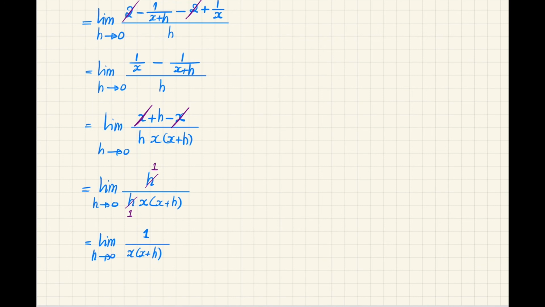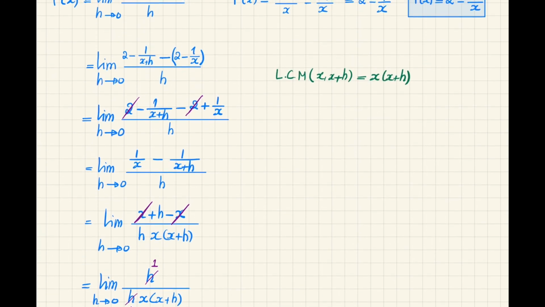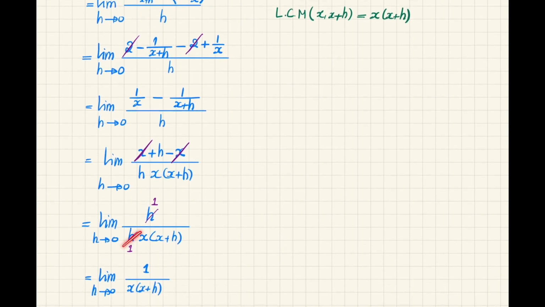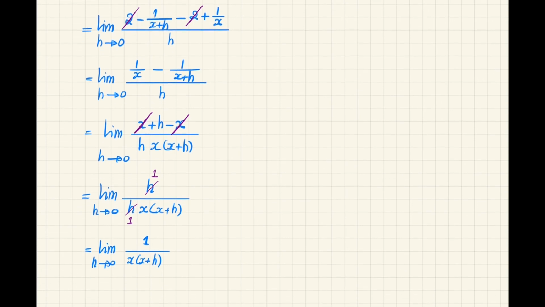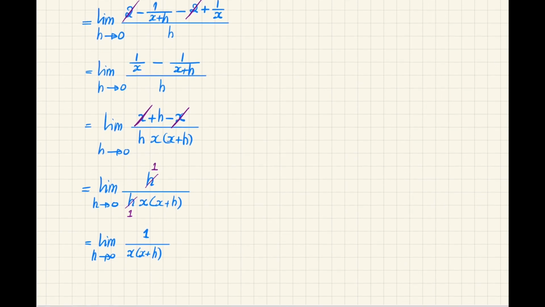Okay, so here in the beginning I had some problems if I wanted to replace h with 0, but now because this h from the numerator and the denominator is gone, I don't have any problem left, because if I put h equal to 0, this becomes 0 plus x, which is no longer 0, so I can just put it here, so this becomes 1 over x times x plus 0.